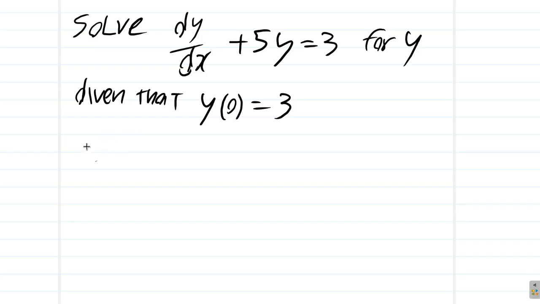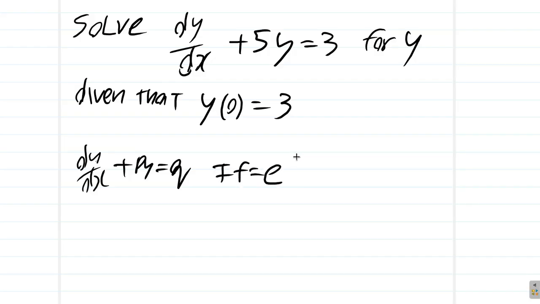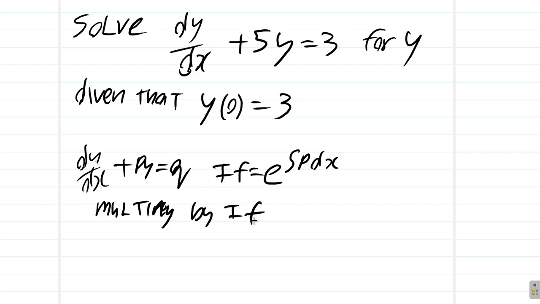Here, remember the general form of some differential equations would be dy by dx plus py equals q, right? And the integrating factor is e to the integral of p dx. Then you multiply by the integrating factor.